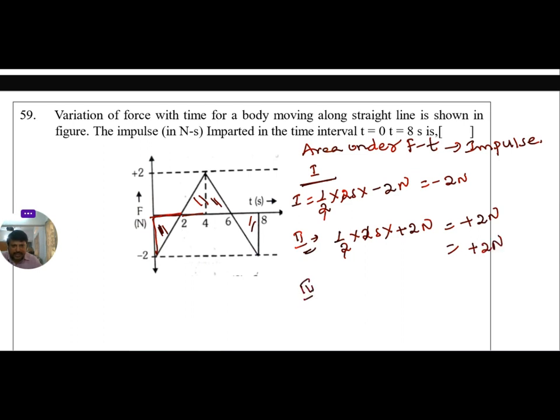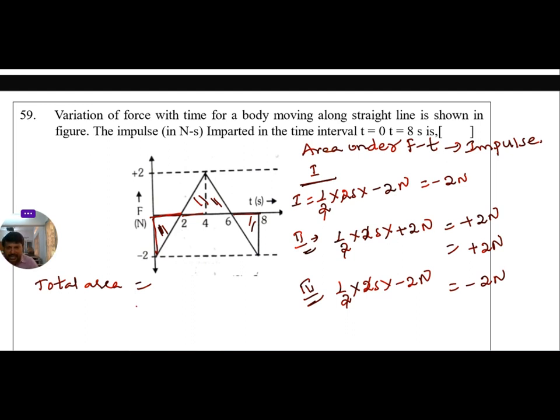Then third area, the shape also looks like a triangle. So area of triangle half into base 6 to 8, that is 2 seconds into minus 2 Newton. 2 gets cancelled, that is equal to minus 2 Newton. So total area of force time graph gives impulse.